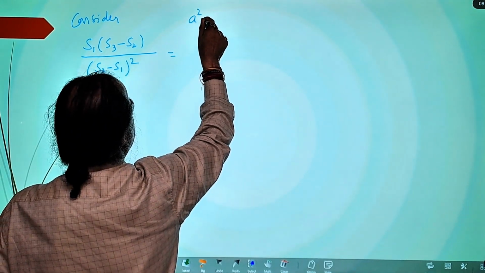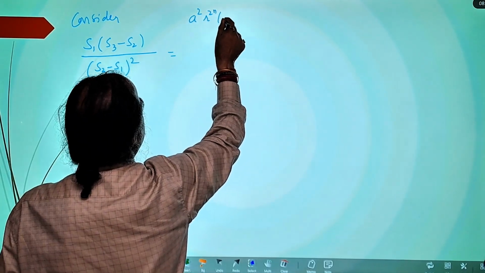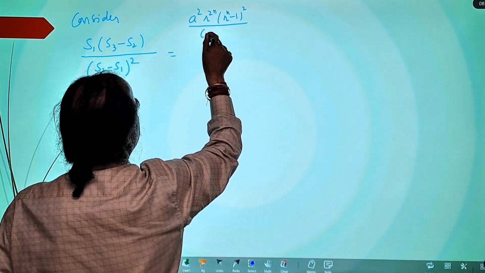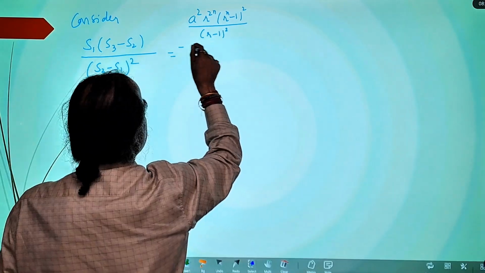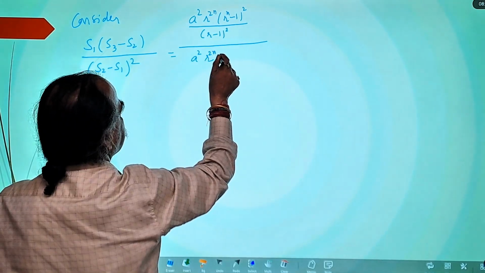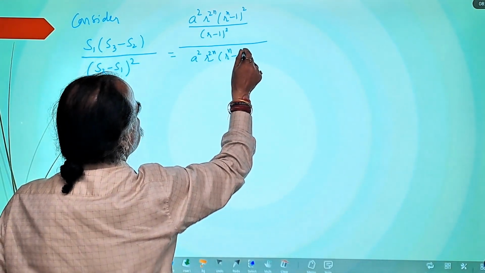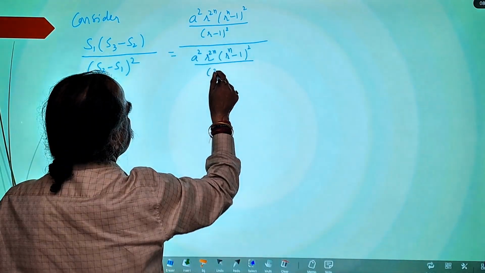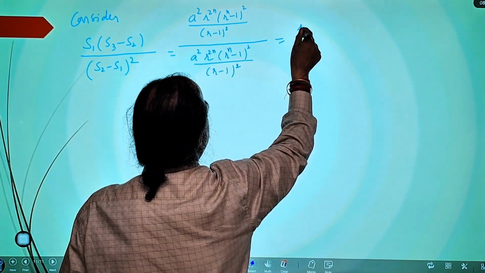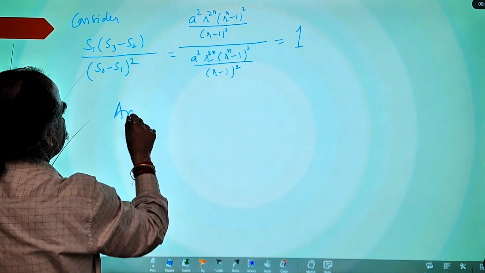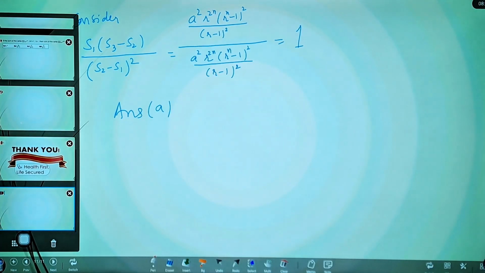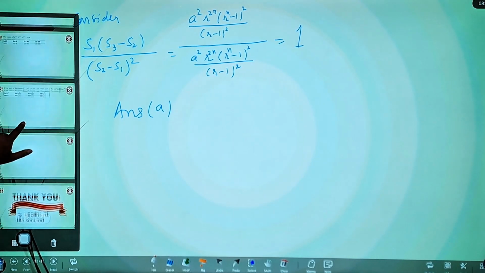A square r raised to 2n, r raised to n minus 1 the whole square upon r minus 1 square, whole divided by same thing, a square r raised to 2n, r raised to n minus 1 square upon r minus 1 square will give you what? Answer A. See the next example.